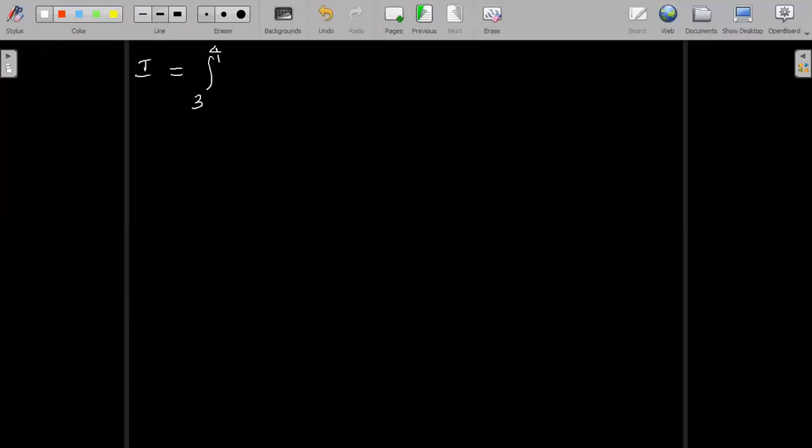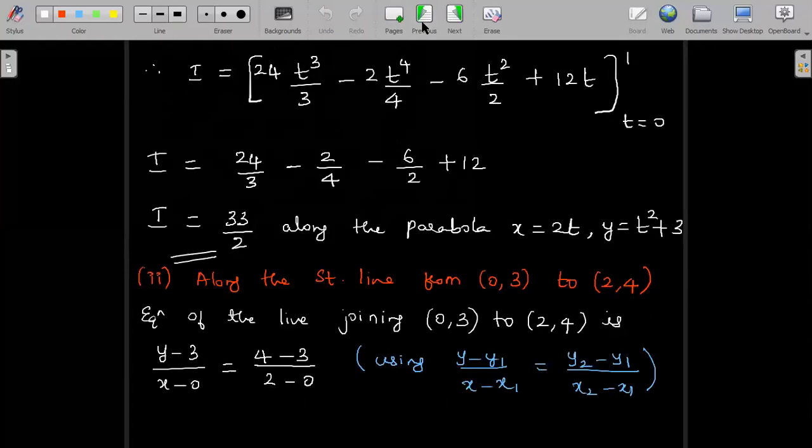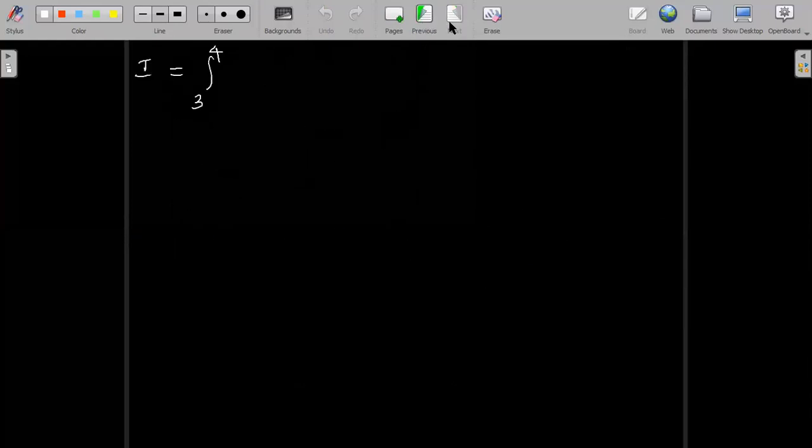This is obviously the limits for y. So as I mentioned, I have 4y square minus 22y plus 36. This whole thing is multiplied with 2 dy.